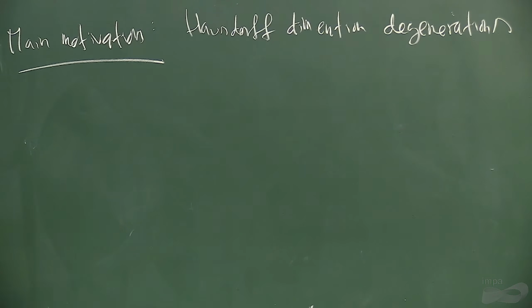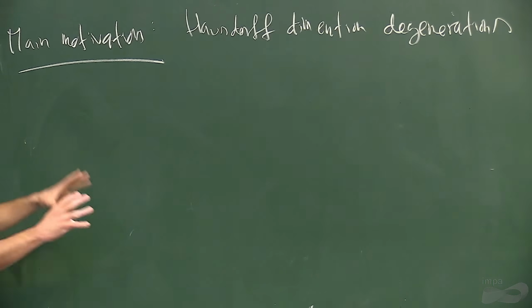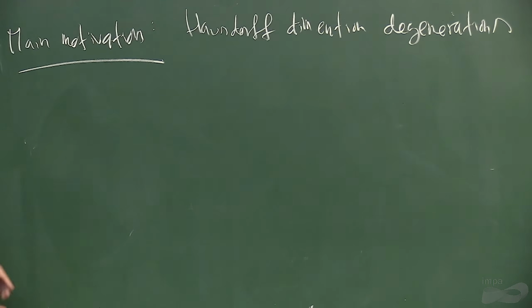So what are we talking about? Let me just begin with a broad framework, and then I try to specify until I get to what I want to say. And so essentially, the main framework will be the following.